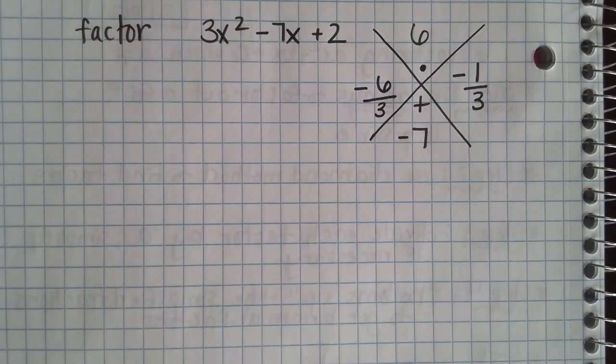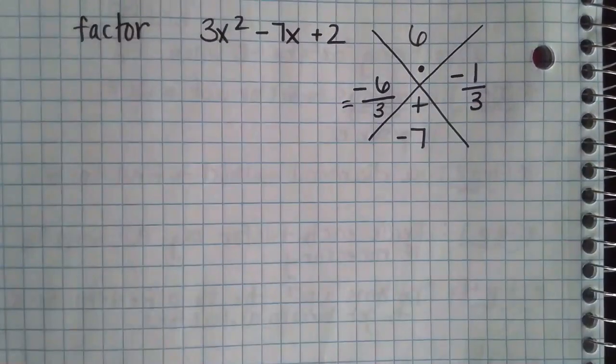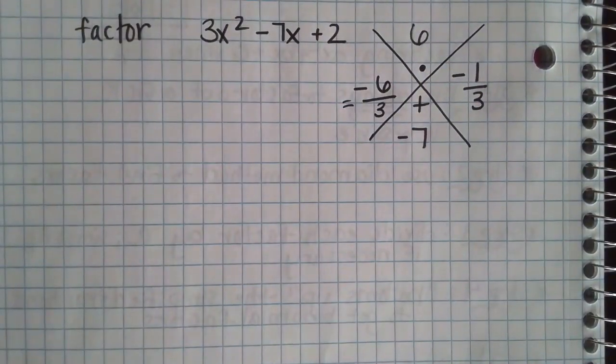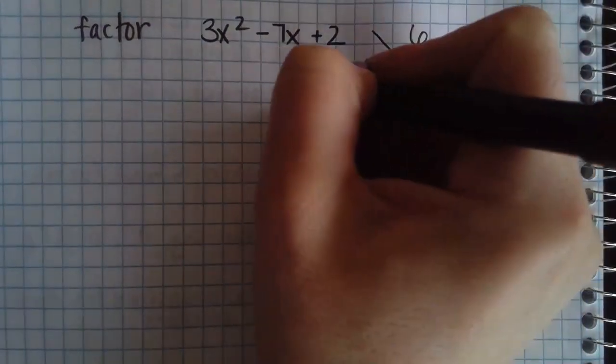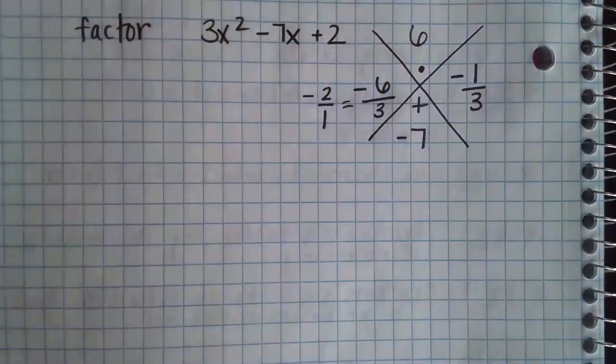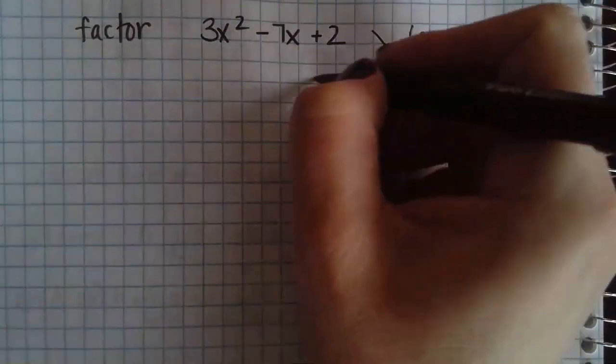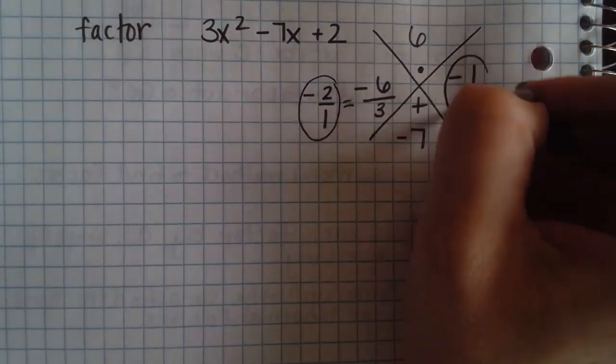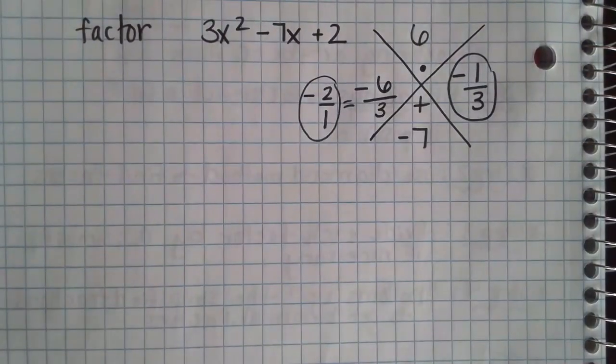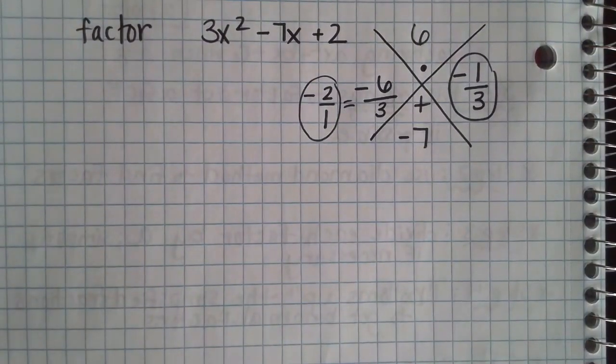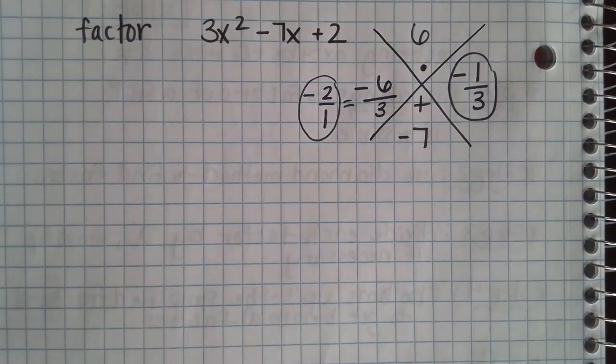We need to simplify fractions if possible. We can simplify that one on the left. Negative 6 over 3 becomes negative 2 over 1. If it's helpful, circle the simplified fraction. Okay, last step is bottoms up, the simplified fraction to make our binomials.